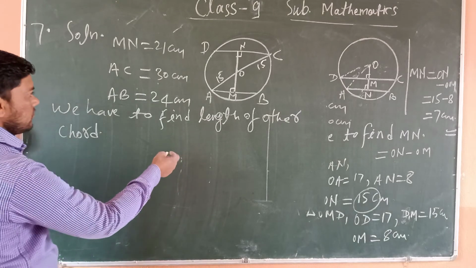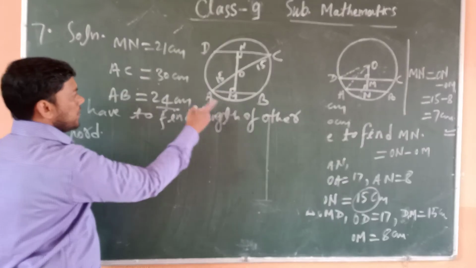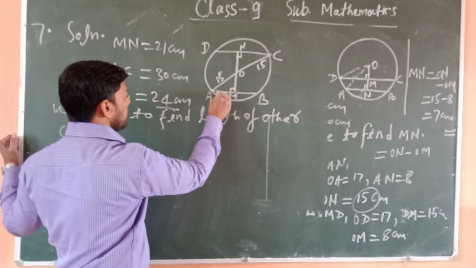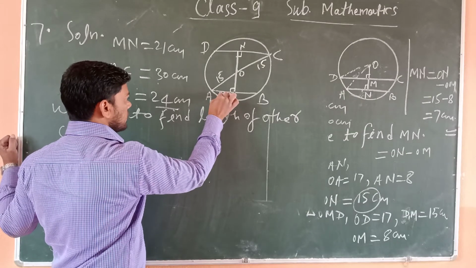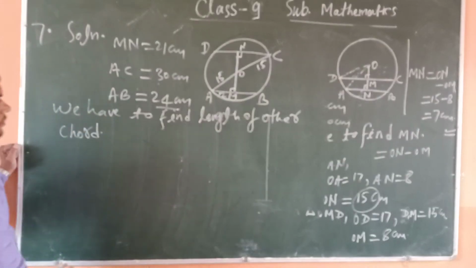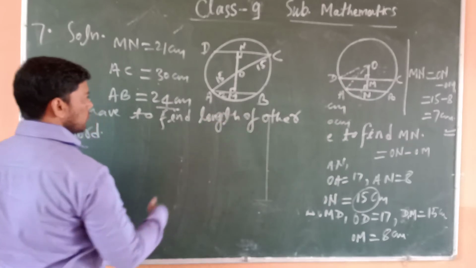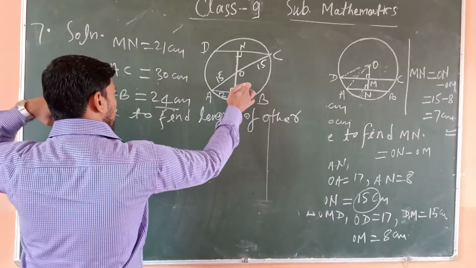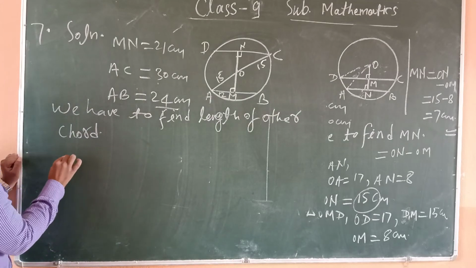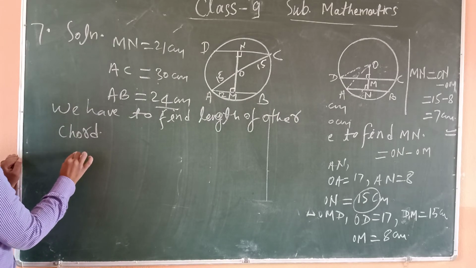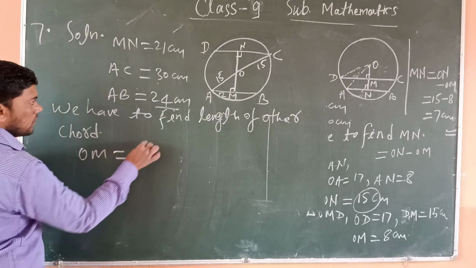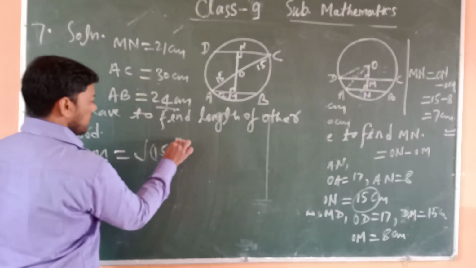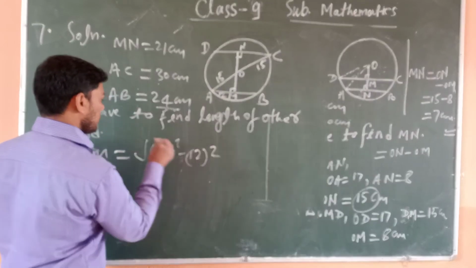See, AB is 24, so AM will be 12 centimeter, because OM is perpendicular to AB, and OA is 15. Using Pythagoras theorem we can find OM: under root 15 square minus 12 square.